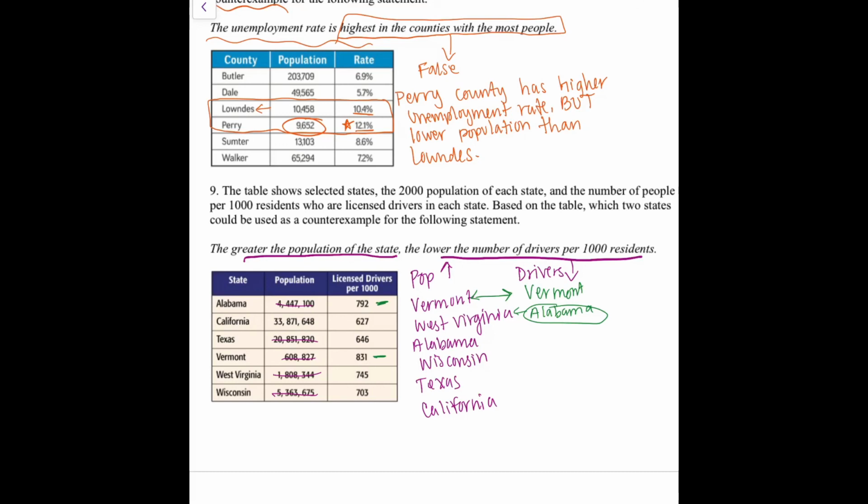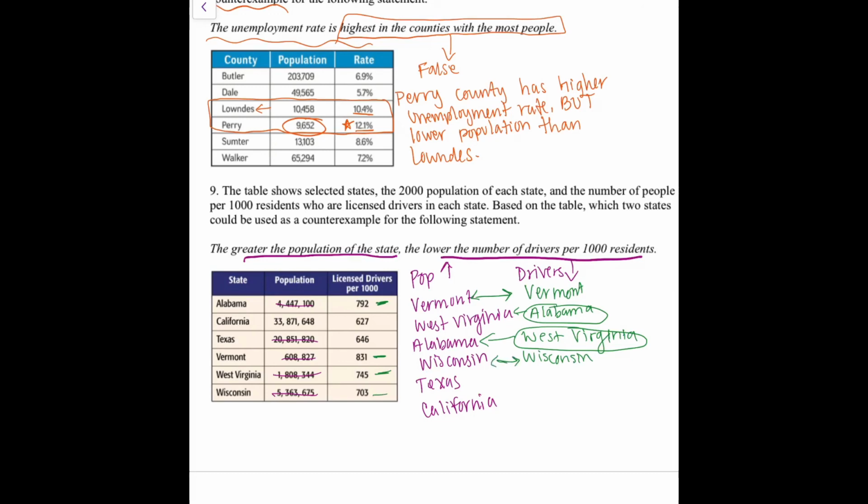Next one would be West Virginia. And again, same example there, it's not matching with the corresponding population in increasing order. So that's going to be a counterexample. If we keep going, we have Wisconsin, and this one does match.